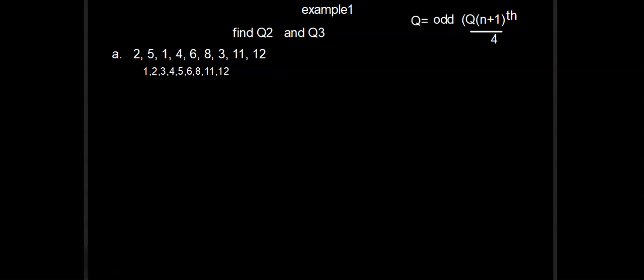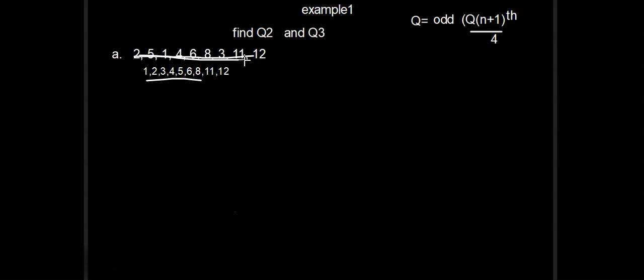The first example says to find the value of Q2 and Q3. All the time when you're dealing with this type of statistical or data question, you've got to arrange the numbers, especially if it is ungrouped. The first step is to arrange it. They've already arranged it for us, so this is the arranged form of the question.